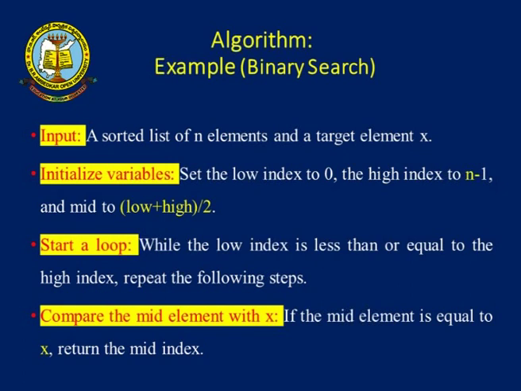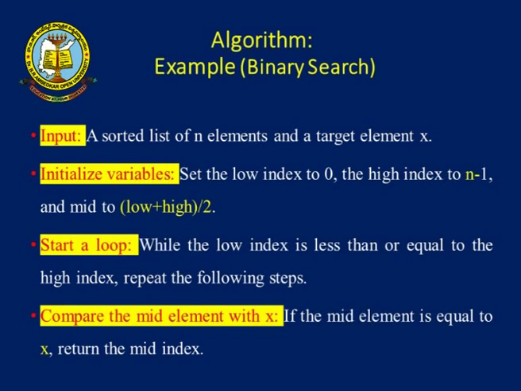So, the first input is a sorted list of n elements, and one more element which we want to search, which we place in x. So, we need one target element and a sorted list of elements.